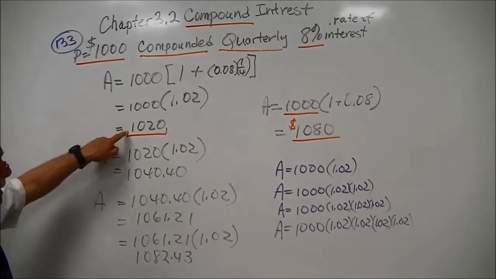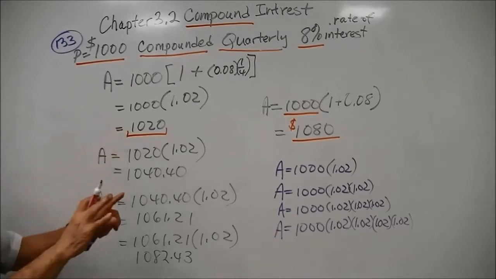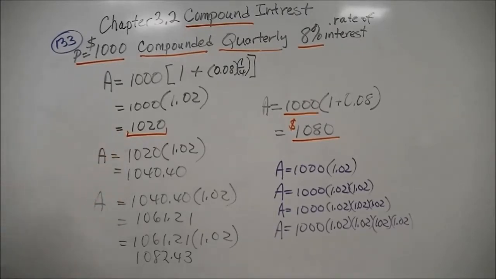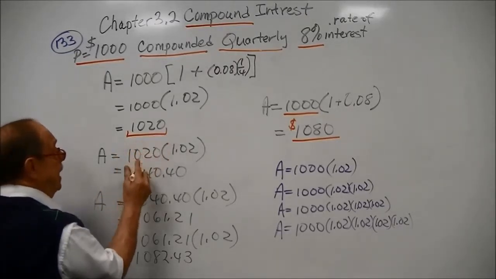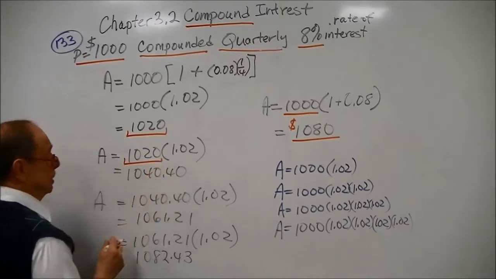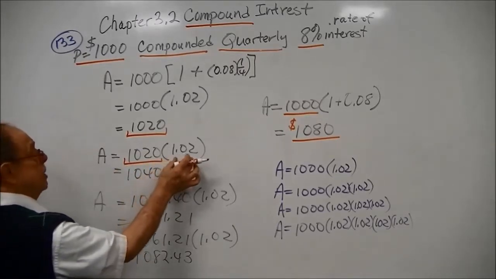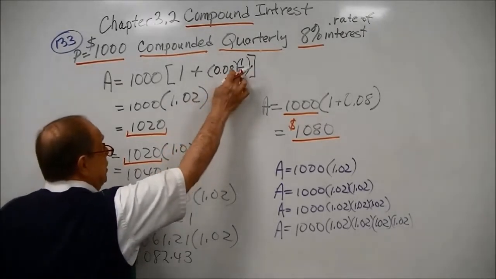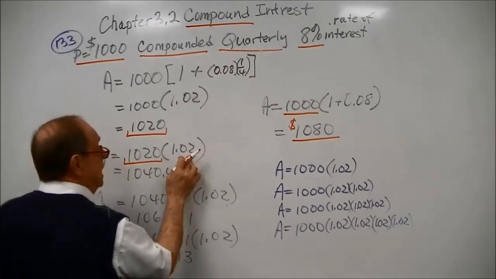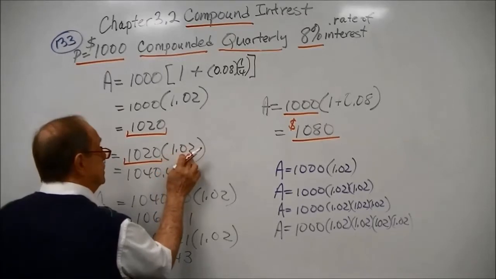But now, this is the new amount we have in our savings or whatever. We're now going to take this, and that's our new principal. And we're going to multiply it by, again, the same thing. 1/4 of 8%, that's 0.02.